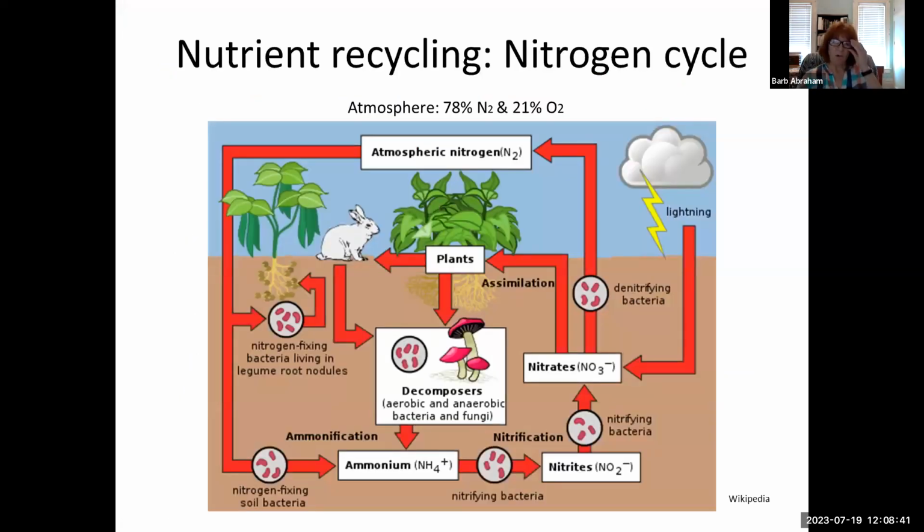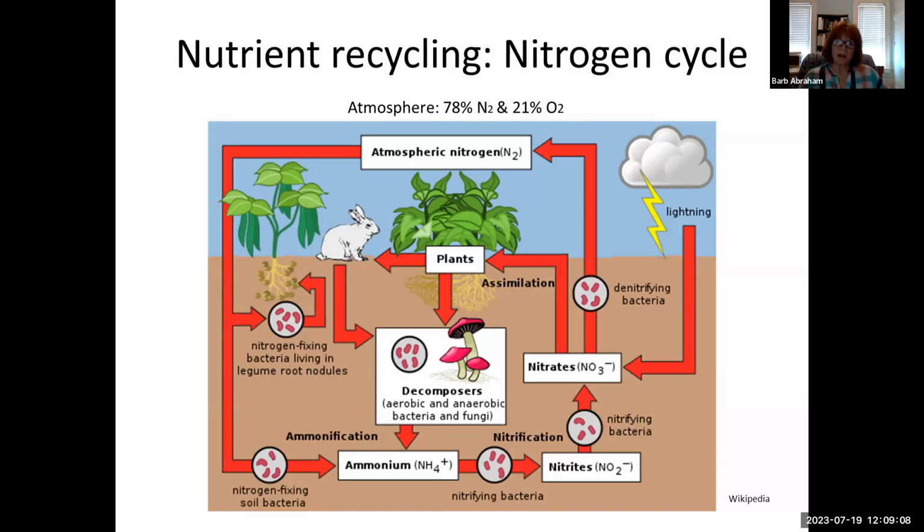Okay, now I'm not going to go over these recycling diagrams in a lot of detail, but note that our atmosphere is mostly nitrogen gas, a little bit of oxygen, and then 1%, according to this particular diagram, is all of the other gases that might be up there, including pollutants.